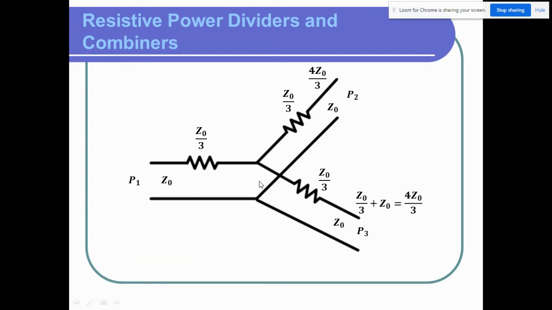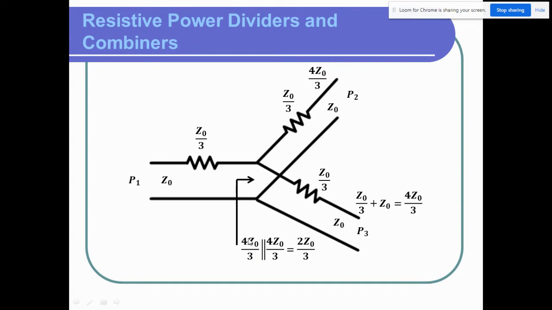Now what is here at this point? This is 4Z0 by 3 and this is 4Z0 by 3, and both are in parallel. If Y is in parallel with Y, we will have a result of Y divided by 2.